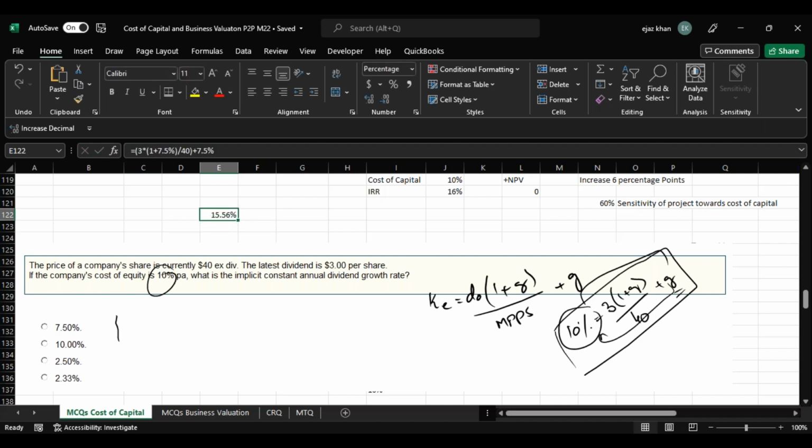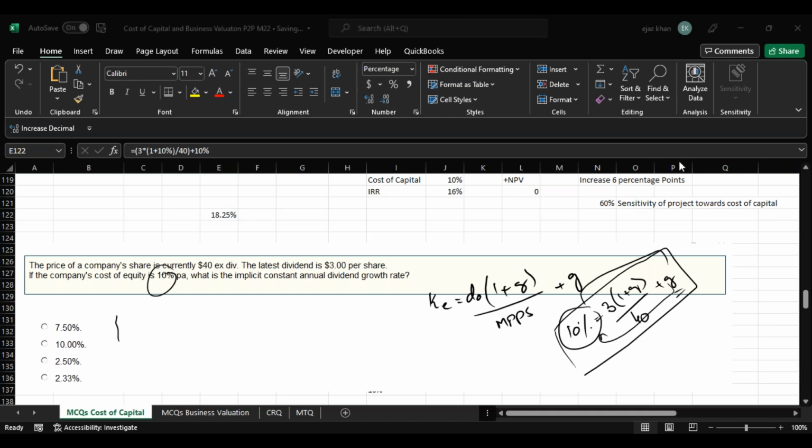It's 15.56%. And if you just put 10%, again, it will be a different answer than the given cost of equity in the question. 18.25%. So if we put these three growth rates in the formula, we won't get cost of equity equal to 10%. It's only the 2.33% growth rate that will give us the same answer.